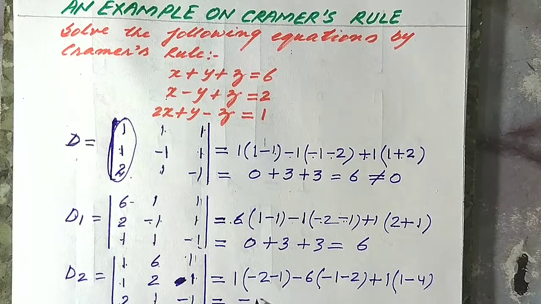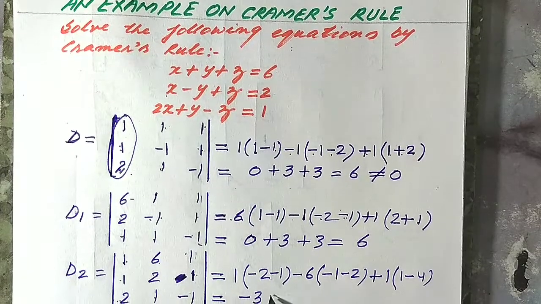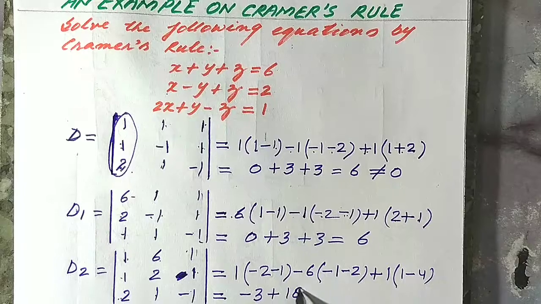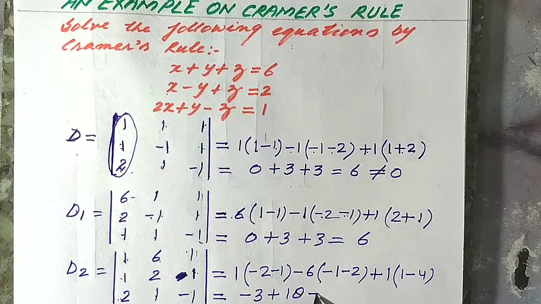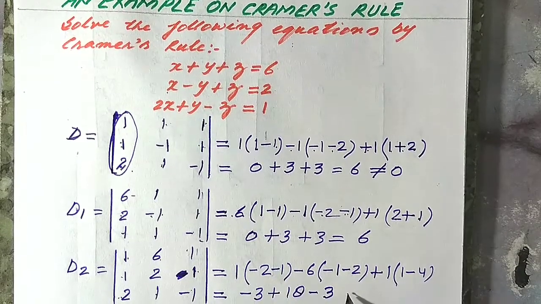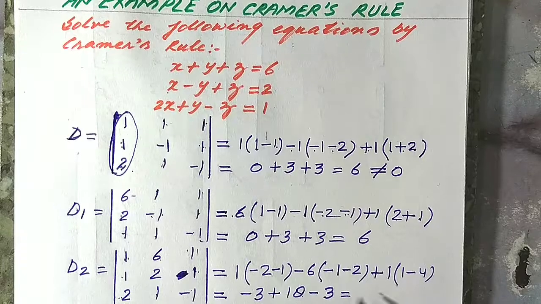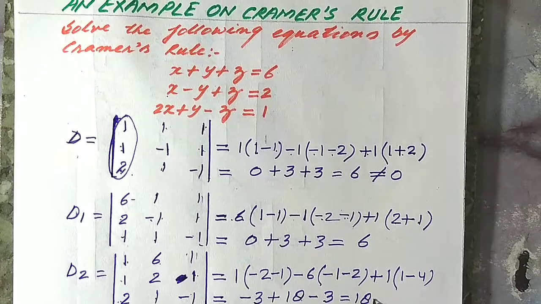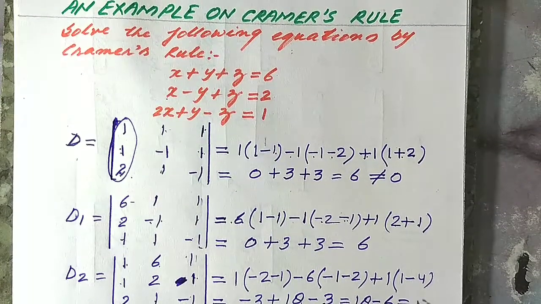Let's simplify this. Minus 3 plus 18 minus 3. So we have 18 minus 6, that is equal to 12.